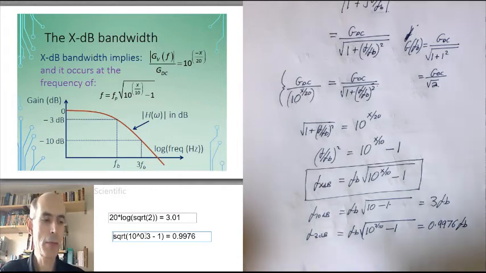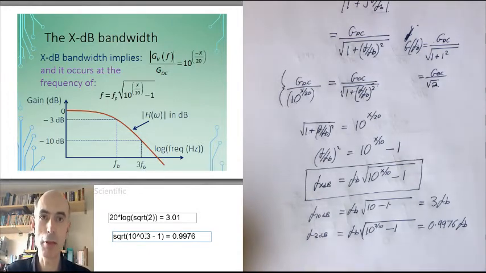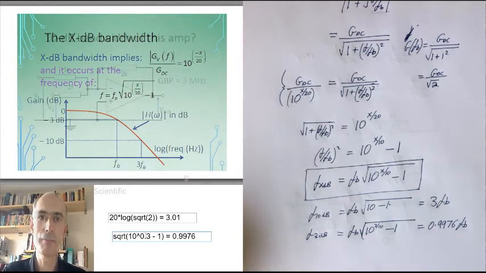So, the 3 dB bandwidth is 0.9976 times FB. Just a reminder, I do keep referring to FB as the 3 dB bandwidth, but that is just a common approximation. FB is actually the frequency at which the gain drops by a factor of 1 over root 2. It just so happens that that is very close to 3 dBs.